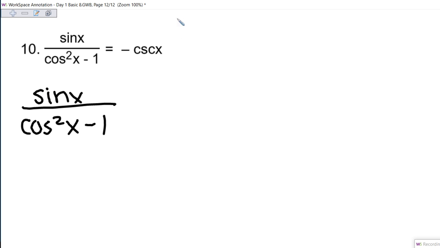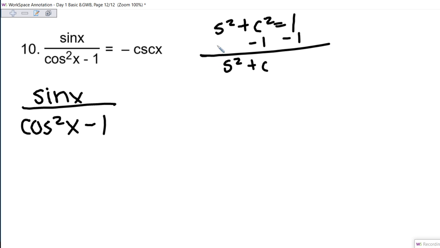So start with sine squared plus cosine squared is equal to 1. Now notice I have cosine squared minus 1. So the first thing I need to do is subtract 1 from both sides. And to get cosine squared minus 1 by itself, subtract sine squared from both sides.